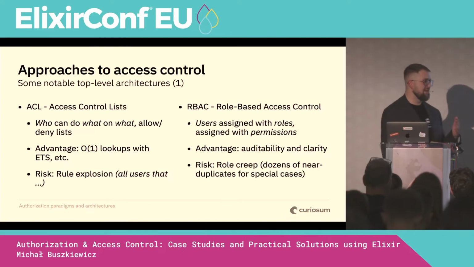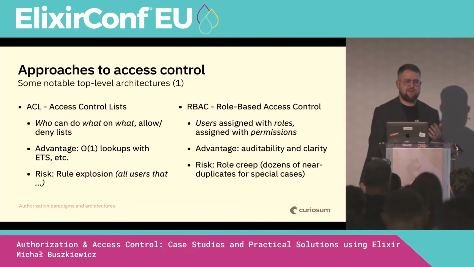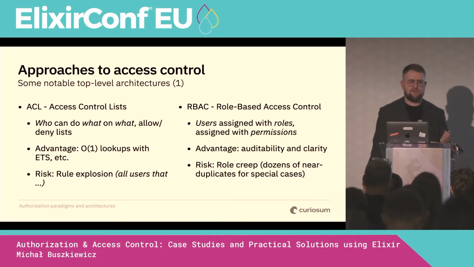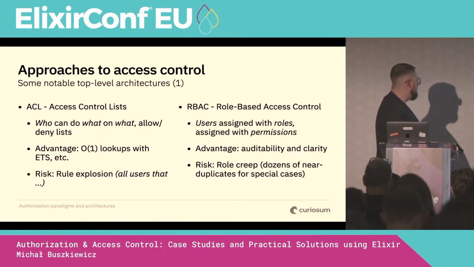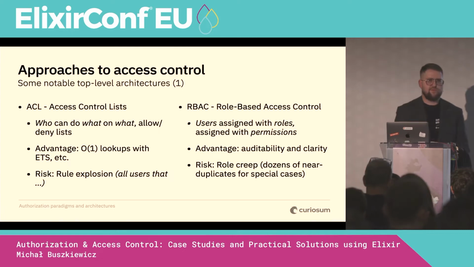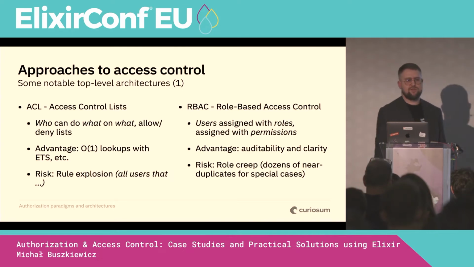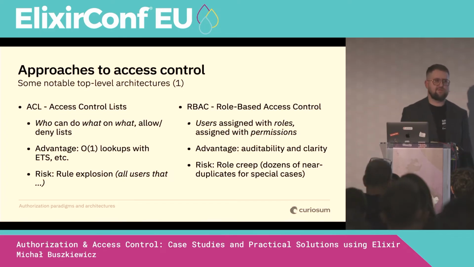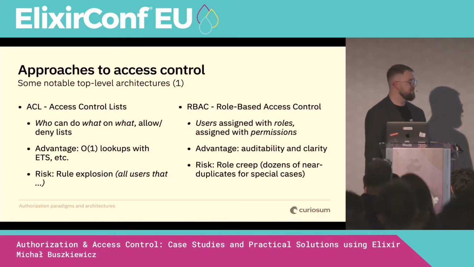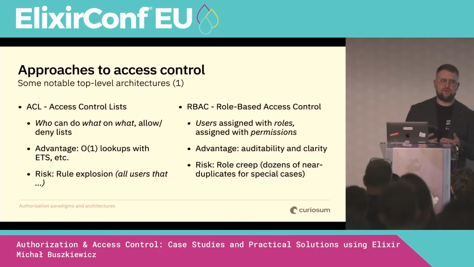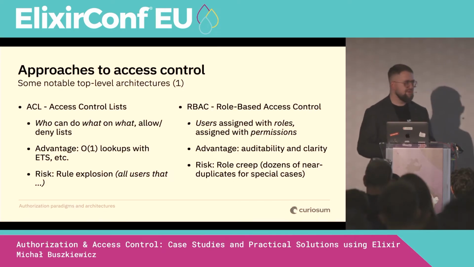So it's very specific about what identifies the subject, what identifies the action, and what identifies the object. So we have kind of allow and deny lists. The advantage is that, for example, if we use ETS, we have O(1) lookups, but obviously, if we wanted to implement this in a complex system, we get rule explosion because we have to add this kind of entry for all users and possibly all resources that we need to cover.